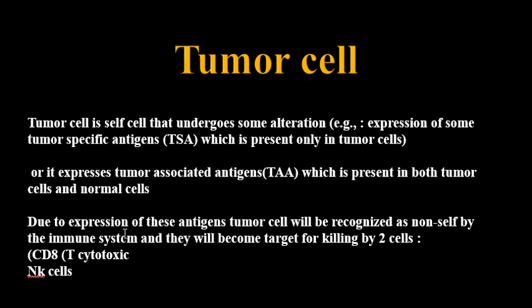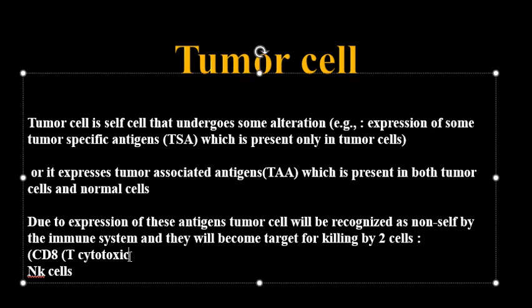Due to expression of these antigens, the tumor cell will be recognized as non-self by the immune system, and it will become a target for killing by two cells, CD8 or T cytotoxic cells and natural killer cells.